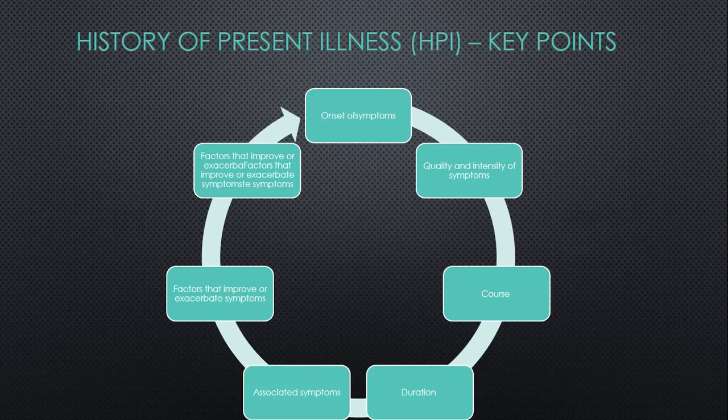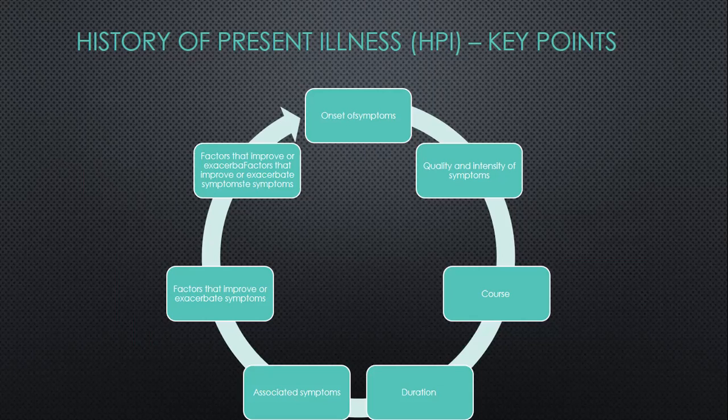The next one would be the course. For example, it was a sudden course, like abrupt, right? Sudden means abrupto, that started like a few hours before the consultation. That would be sudden, right? Or it might be gradual, like it started like 2 months ago, and the pain just worsened through time.